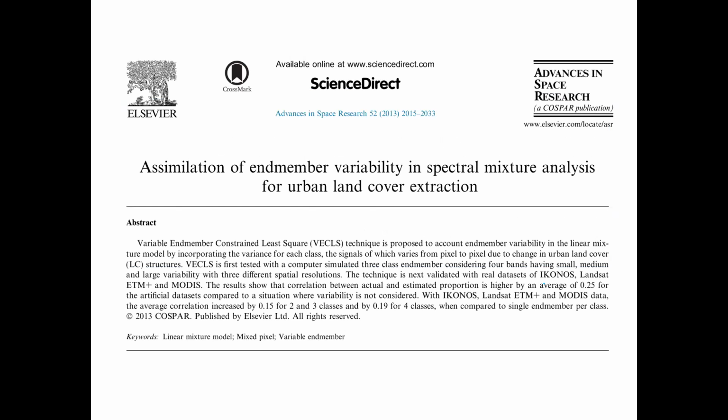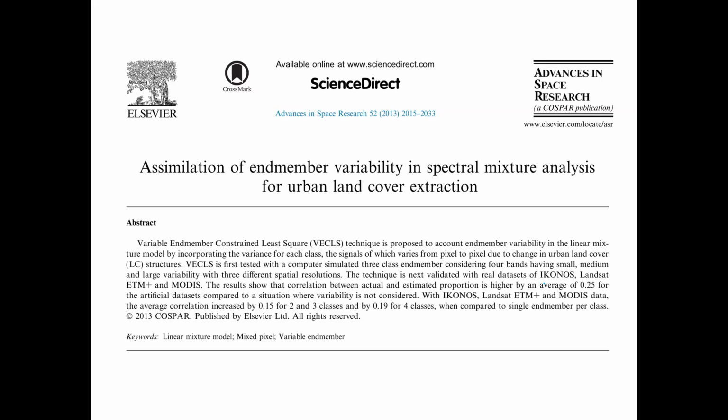Now I will talk about a small work, just a continuation of this. In most of the applications that we saw till now, we considered buildings, for example, all types of buildings in a broader class called settlement. But we know that buildings are made up of different materials.